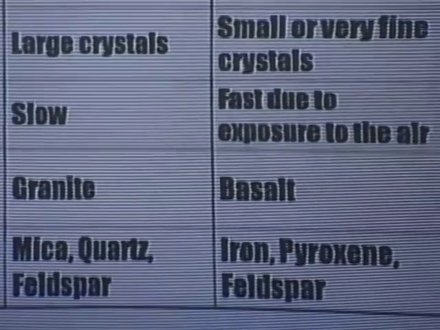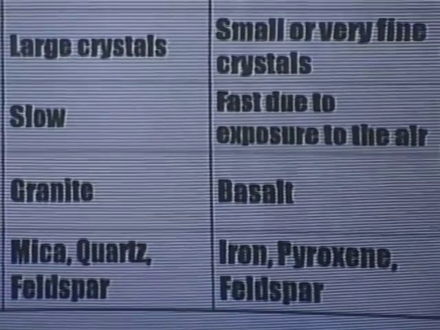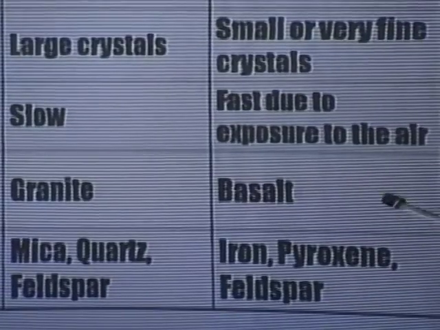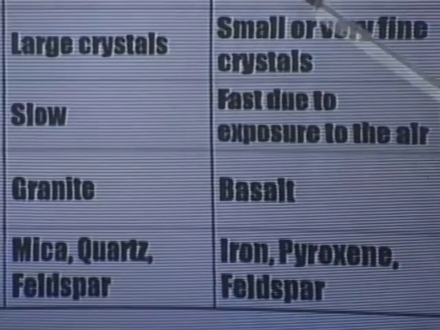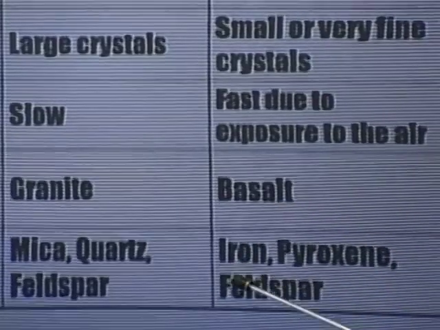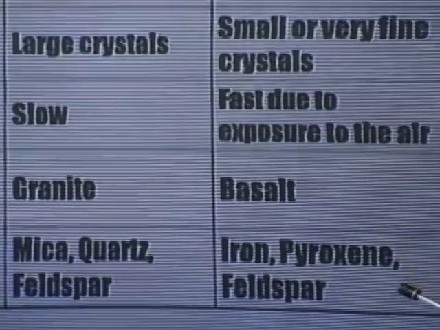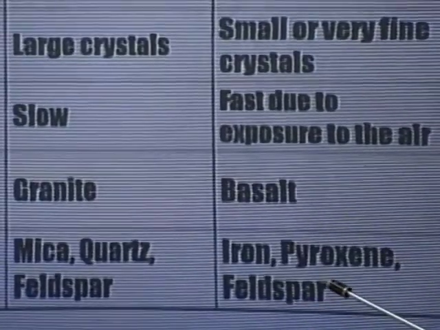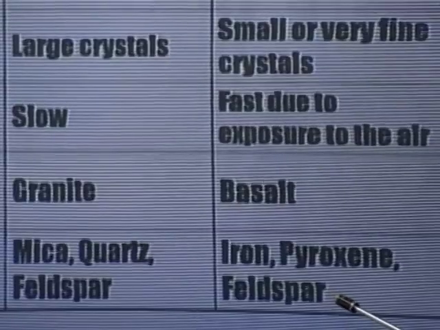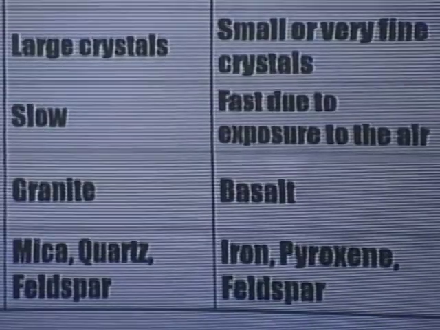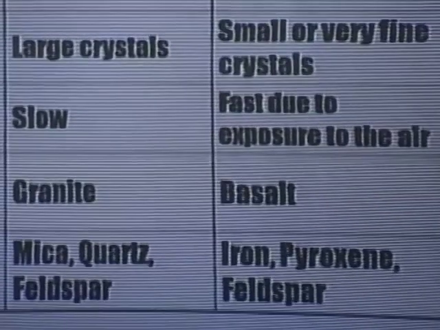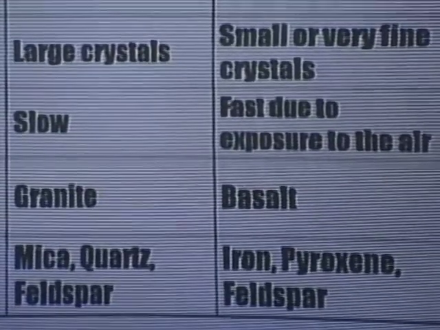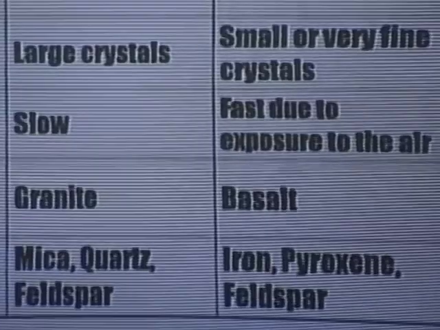The common minerals which are found in the rock of basalt are iron, pyroxene, and feldspar. These are the common minerals. They are not the only minerals. There are also other minerals, but these ones are commonly found in all rocks of granite, the mica, quartz, and feldspar, and in basalt, the iron, pyroxene, and feldspar.